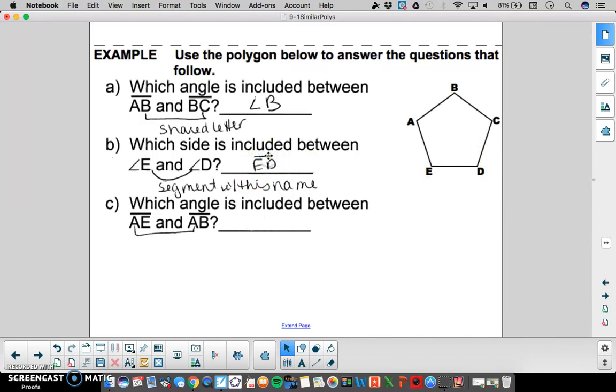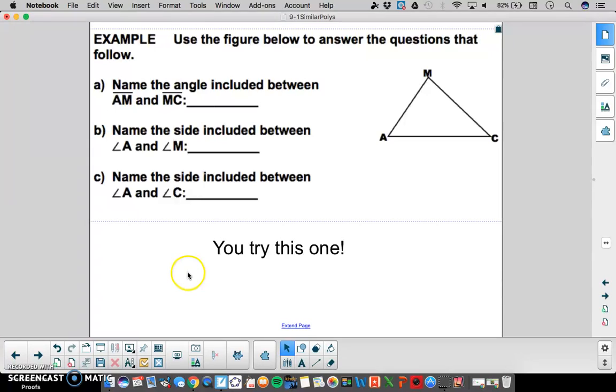So side ED is the segment that's included between those angles. Which angle is included between AE and AB? AE, AB are the two sides. The angle that's between those two sides is angle A. All right, here's an example for you to try for triangle MAC.